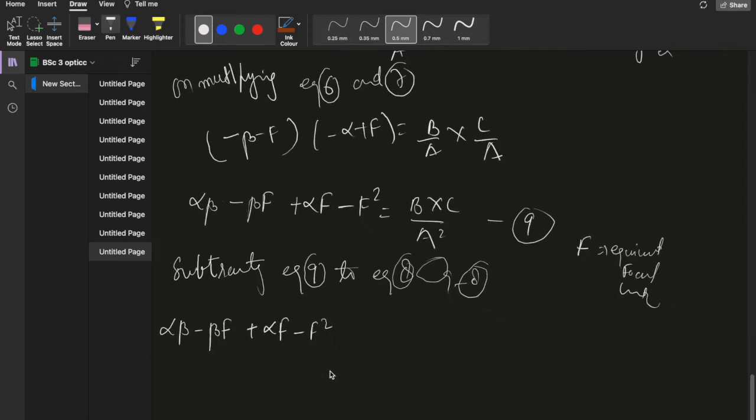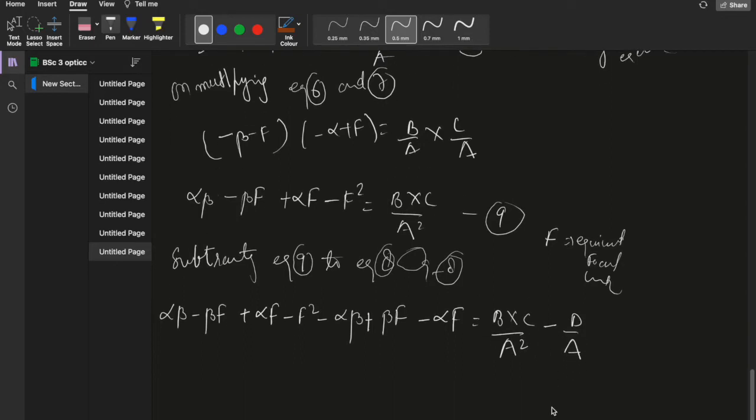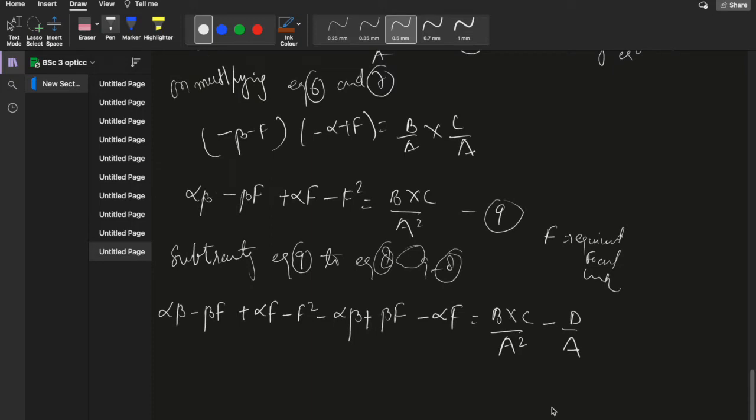Our equation 8, its left hand side, is negative of alpha beta, minus minus plus beta capital F, minus of alpha capital F. The right side here becomes b cross c upon a square minus of d upon a.